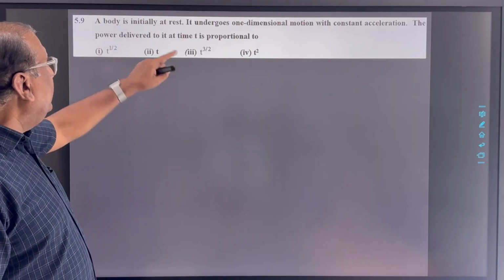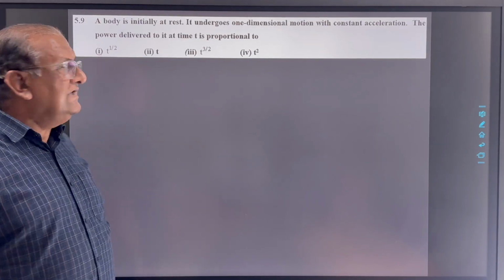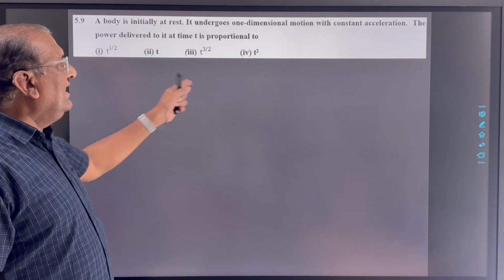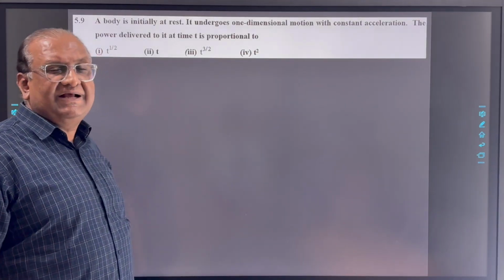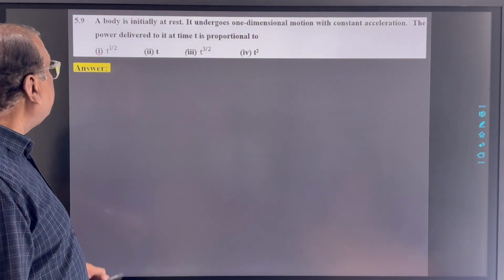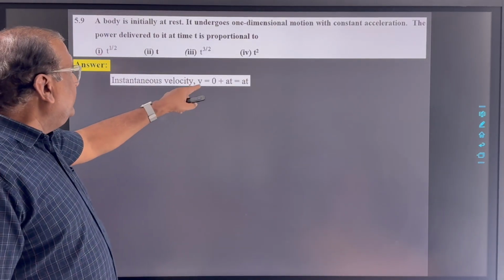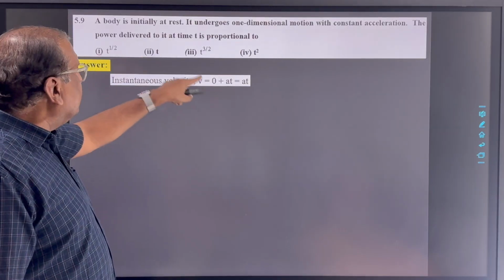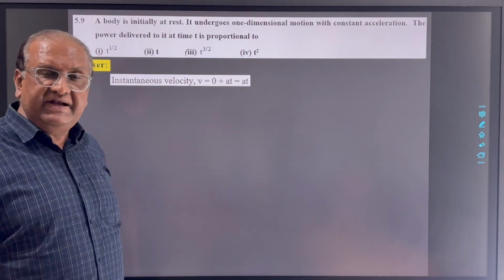So at any time t, what is the velocity of the particle which is moving with constant acceleration? First we can find it with the equation v = v0 + at, but initially it is at rest, so v = at.